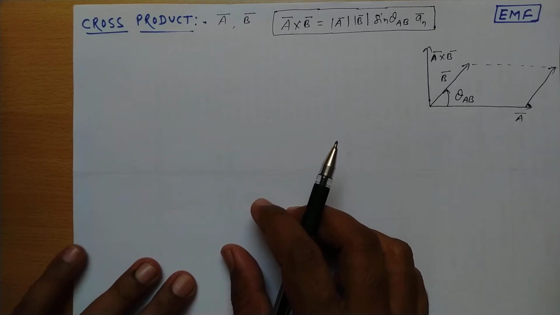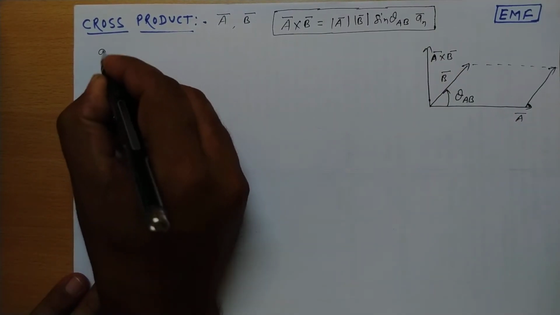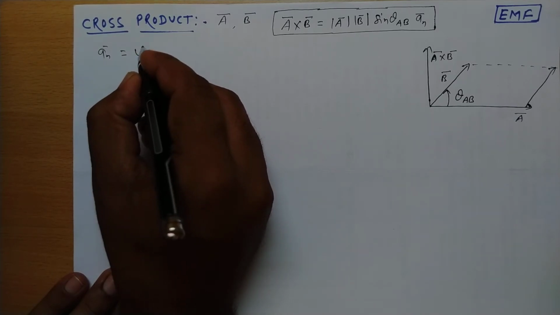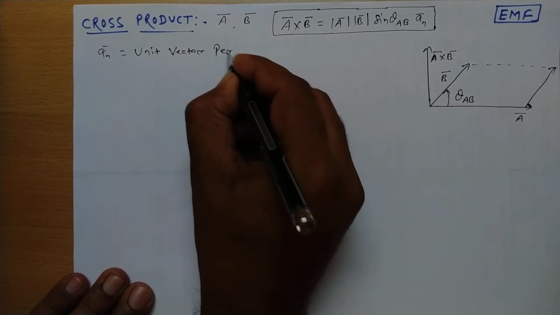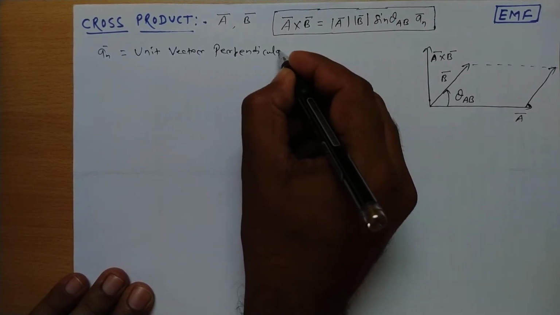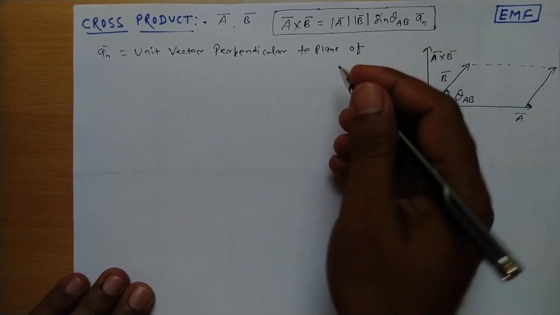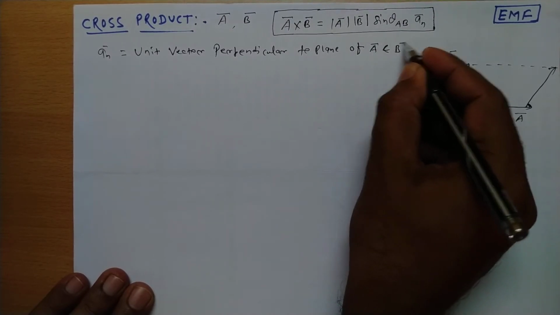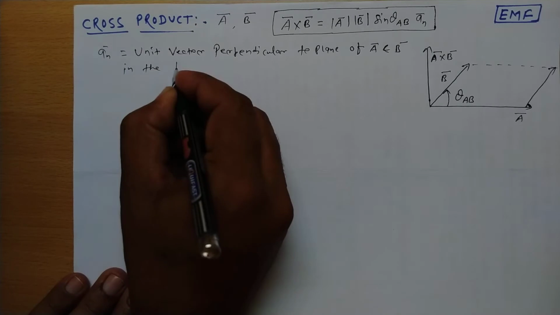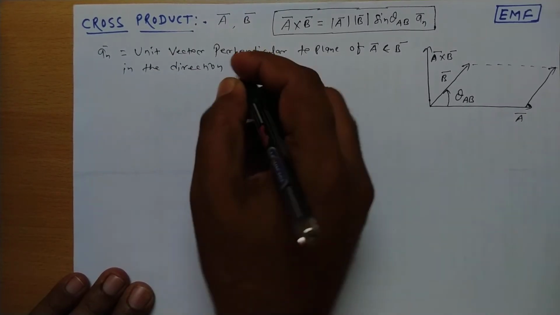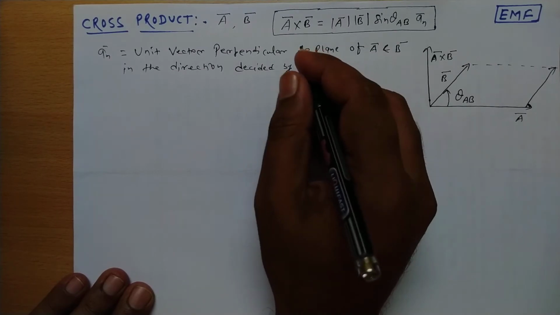And here the other very important term is an. An is the unit vector perpendicular to the plane of A and B, in the direction decided by the right hand screw rule.